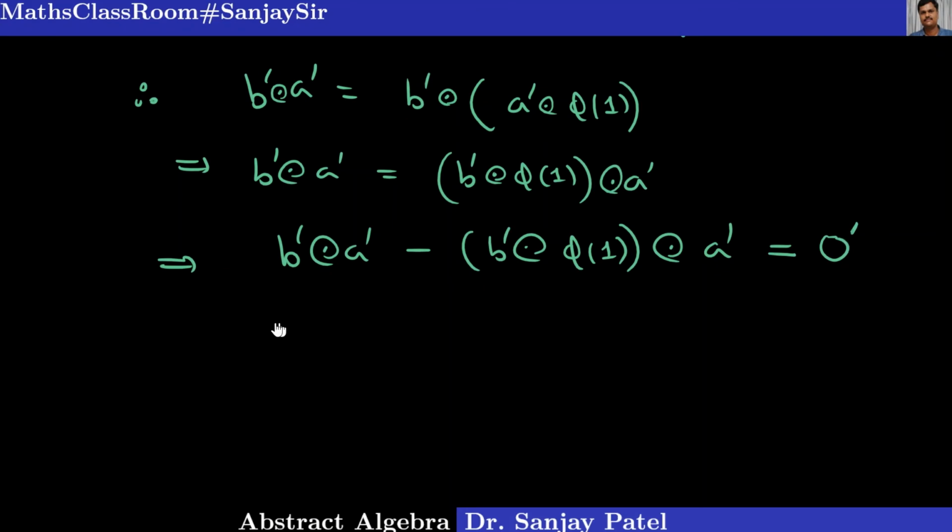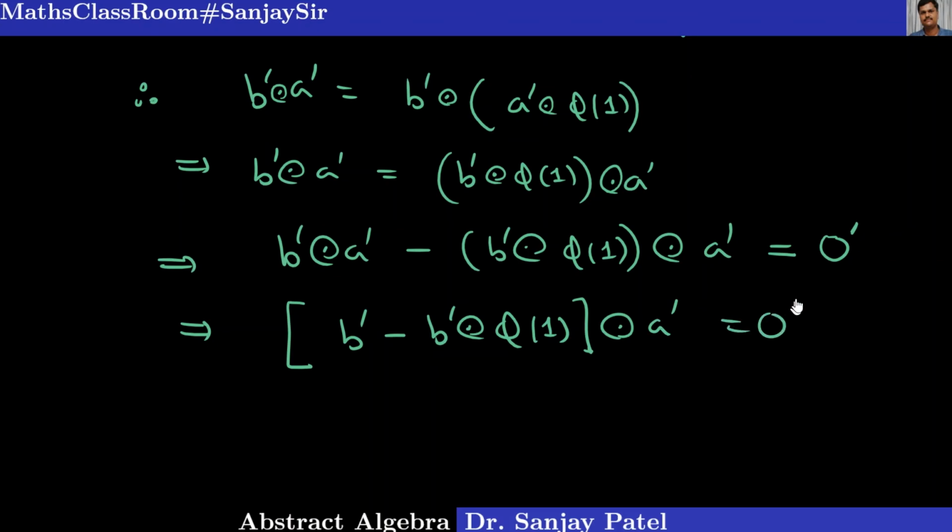Okay, and from all this I want to take a' as a common factor by using the distributive law. So this I can write as b' minus b' dot circle phi of 1, dot circle a', is equal to 0' by the distributive law in the ring R'. Remember, R' is an integral domain in this result.